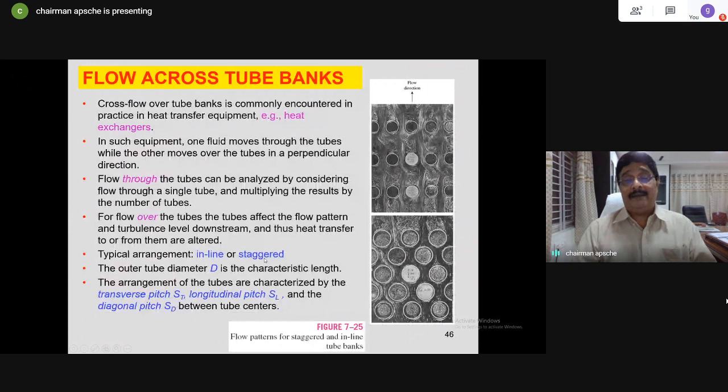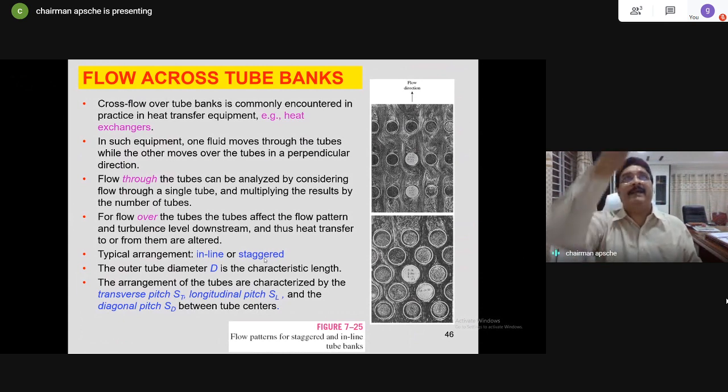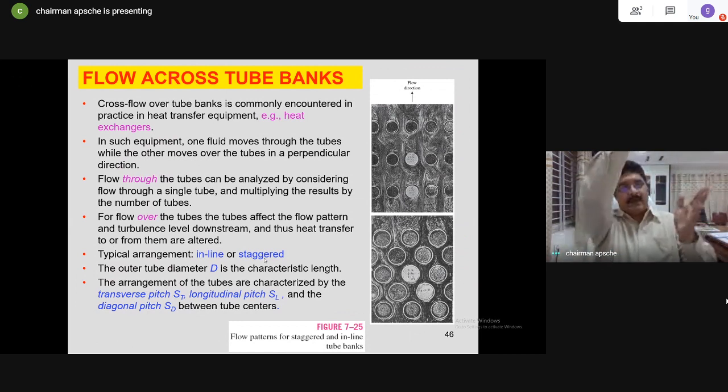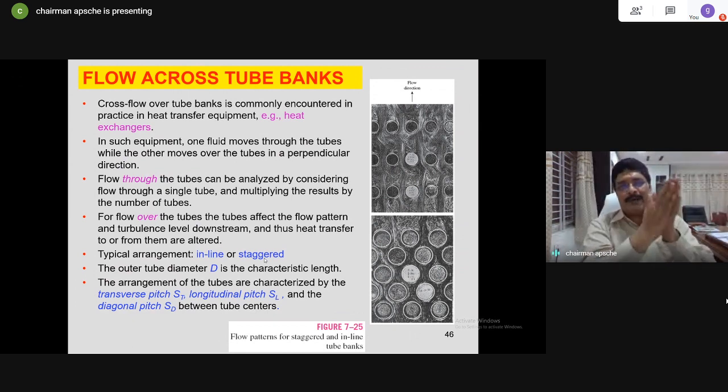Again, the treatment is slightly different when fluid flow is happening over one cylinder or over more than one cylinder. A tube bank, like at the back of your refrigerator, whenever you touch it, there are a number of tubes all aligned in the same plane. That's one layer of tubes, and you can have a number of layers also.